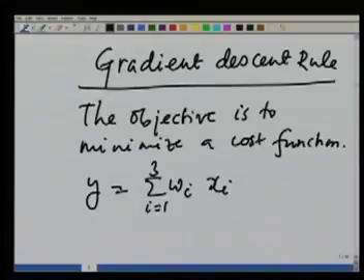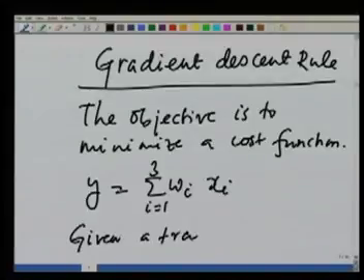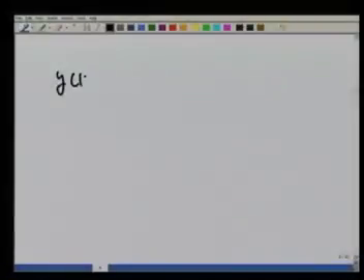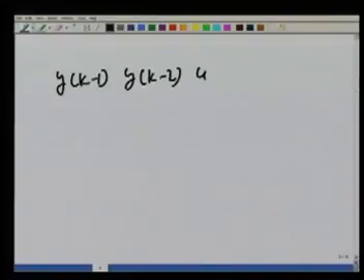So, what are you given? Now, you are given a training set. What is a training set? Now, I have y k minus 1, y k minus 2, u k minus 1 and y k.